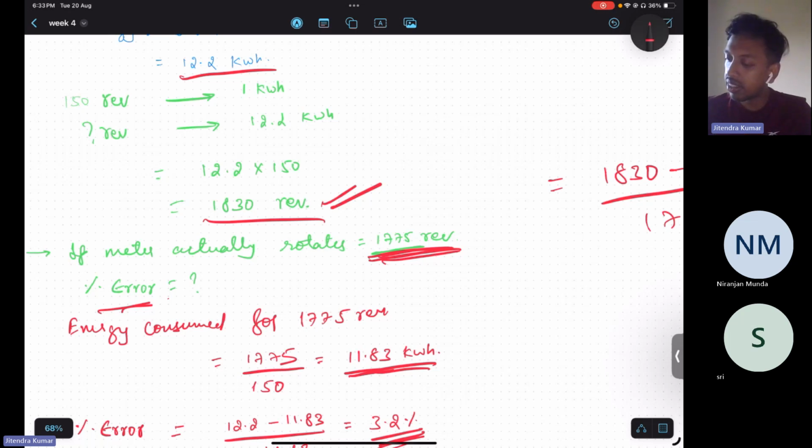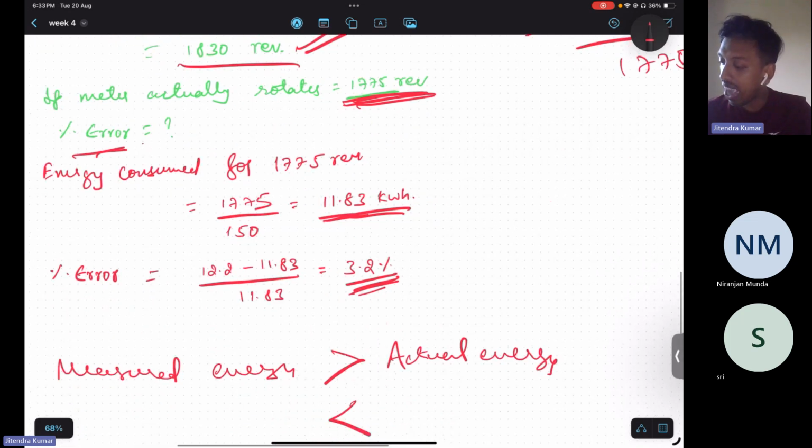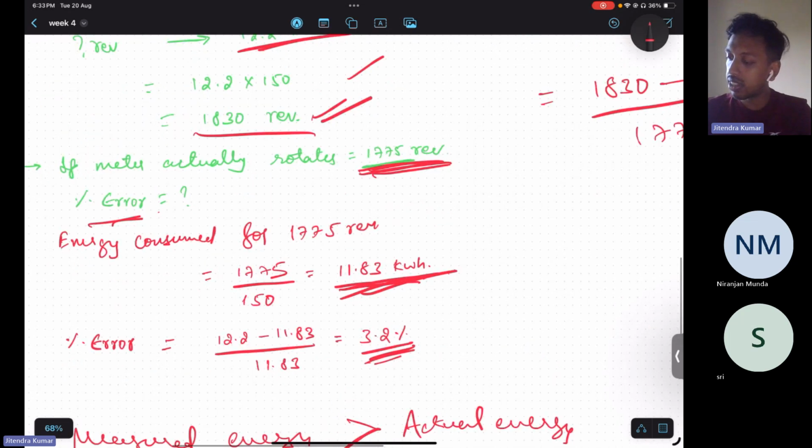So this was the measured energy, 12.2 kilowatt hours. We also calculated the actual energy that would have been consumed, which is 11.83 kilowatt hours.